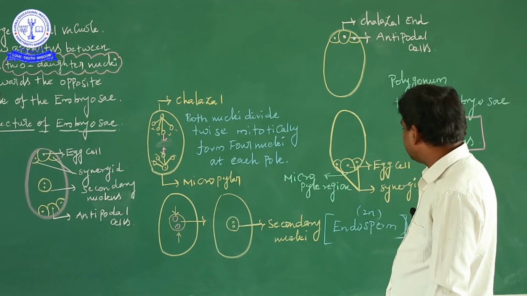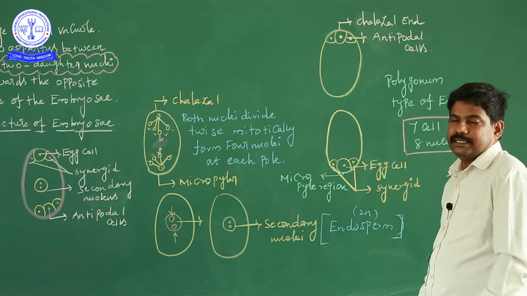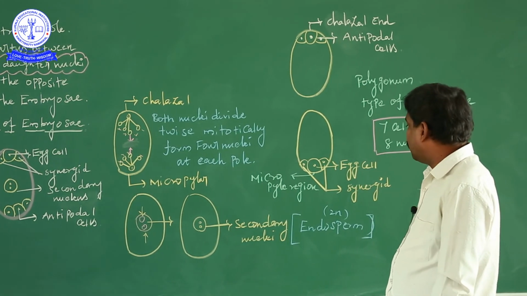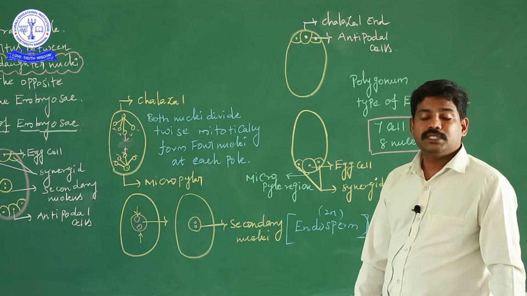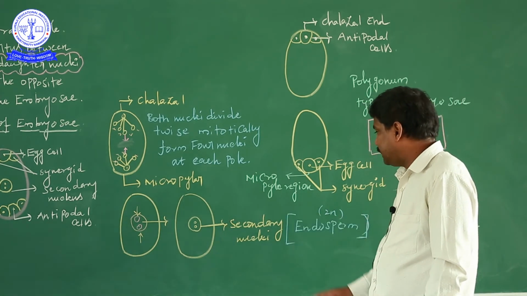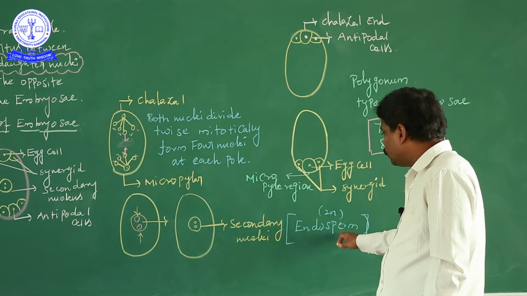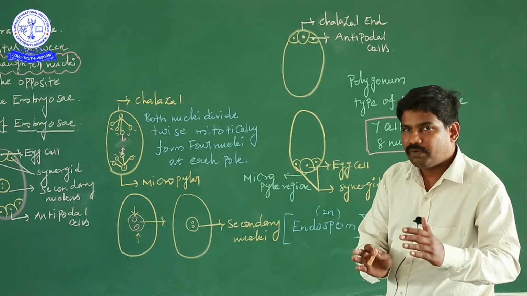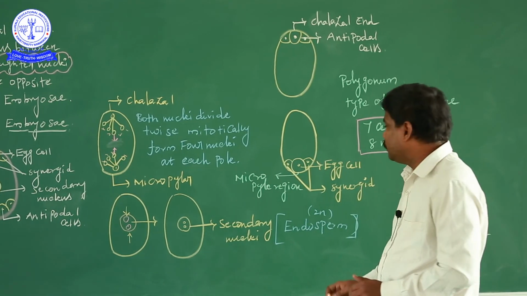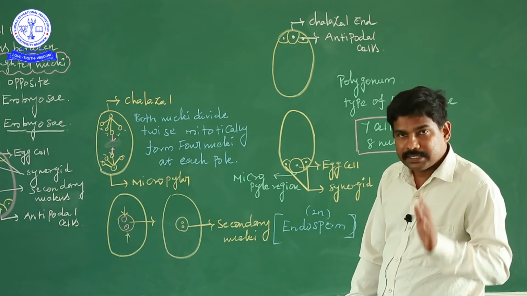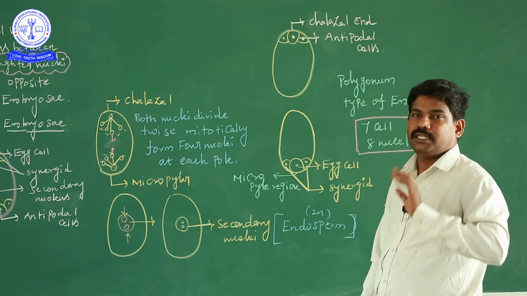The secondary nucleus is in the 2n condition before fertilization. Then the secondary nucleus in 2n condition gives rise to the endosperm, whose main function is to provide nutrition. The 2n condition is present before fertilization.